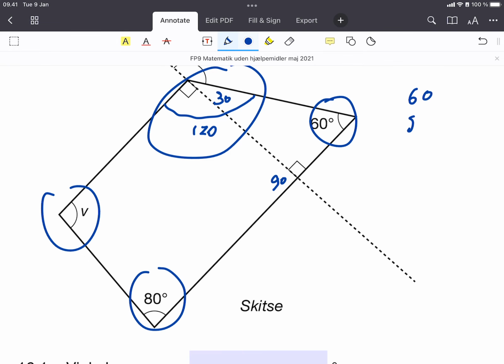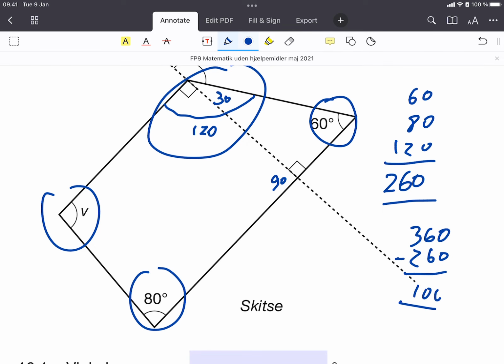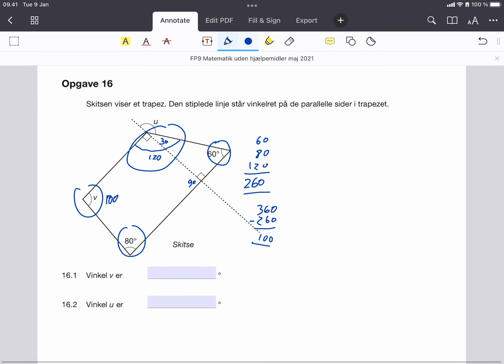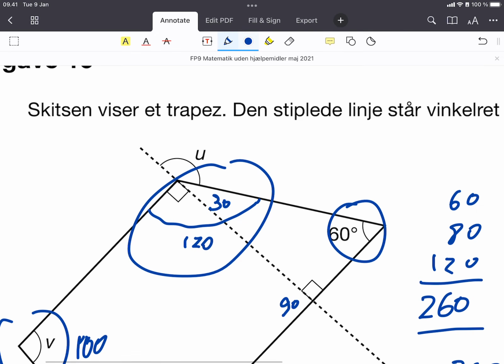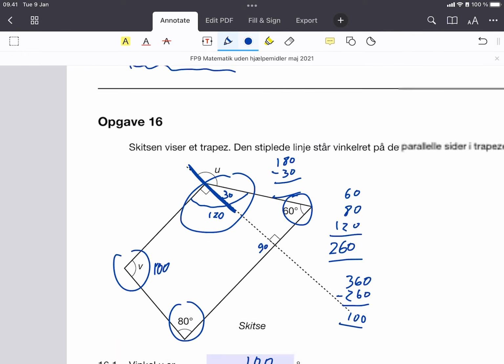So 60 plus 80 plus 120 comes to 260. A four-sided shape has got to add up to 360. So 360 minus 260 means that's got to be 100. So angle V is 100. Oh, and they're asking us to figure out angle U. Well, angle U is on a straight line with that 30 that I figured out before. So it's got to be 180 minus 30, which is going to be 150.